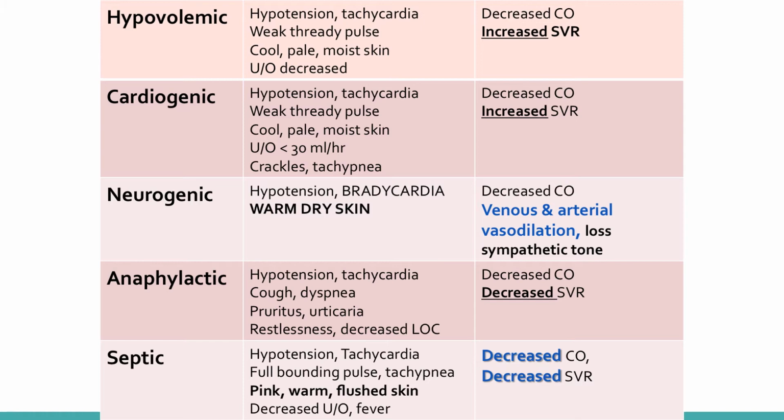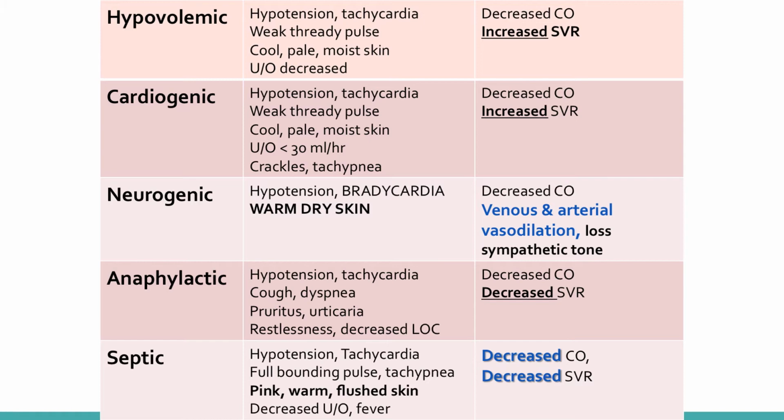You might not feel it with every beat, just occasionally. They're going to be cool, sometimes moist and clammy, and very pale. Their urine output is decreased, obviously because of the low fluid levels, the hypovolemia, which is basically low fluid volume.